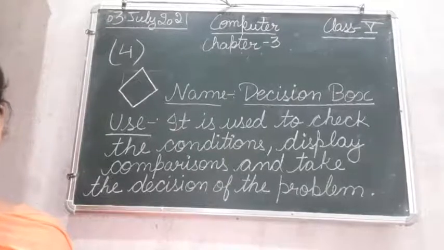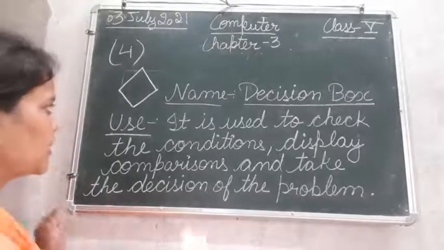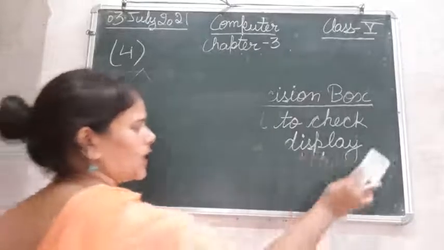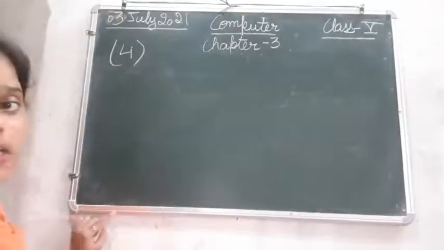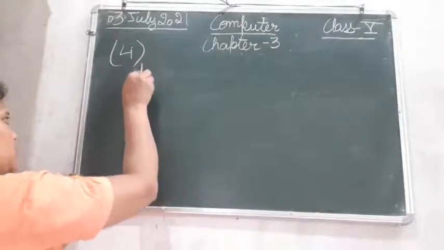चलिए next, the arrows. कि जो arrows हैं इनको हम क्या बोलते हैं? So arrows are known as flow lines. Okay, so here the arrows are given here.